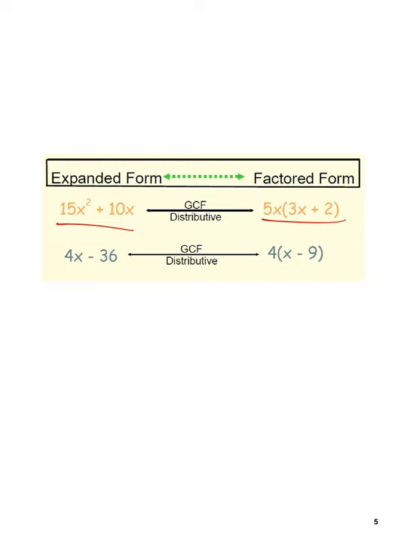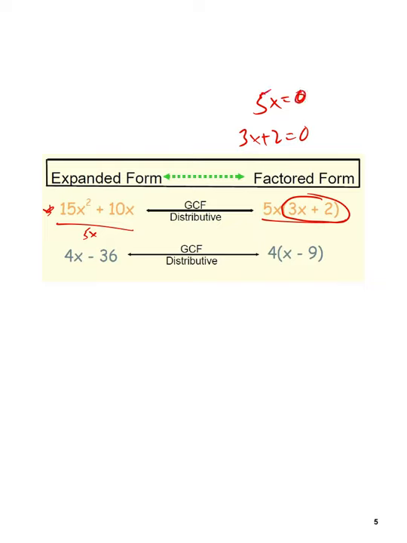But 15x squared plus 10x, these each have a 5x in them. You could divide both terms by 5x, and that would give you a 3x plus 2 left in the parentheses and a 5x on the outside. So really you're looking at 5x equaling 0 and 3x plus 2 equaling 0.